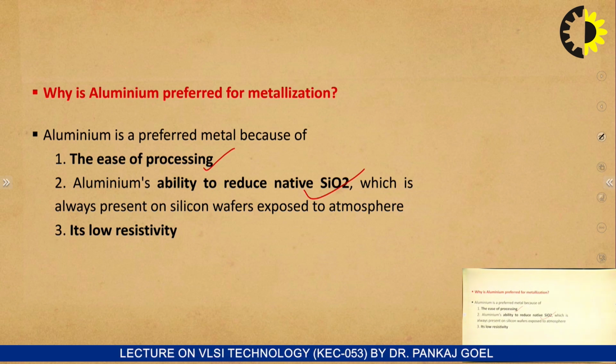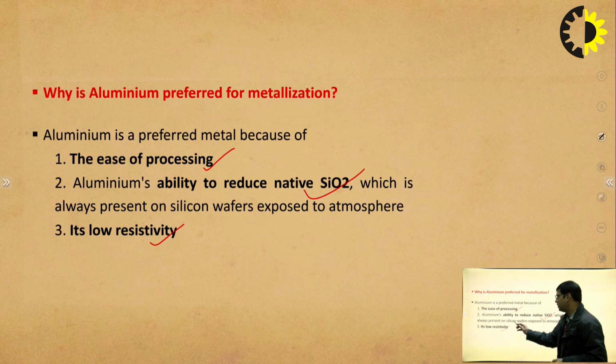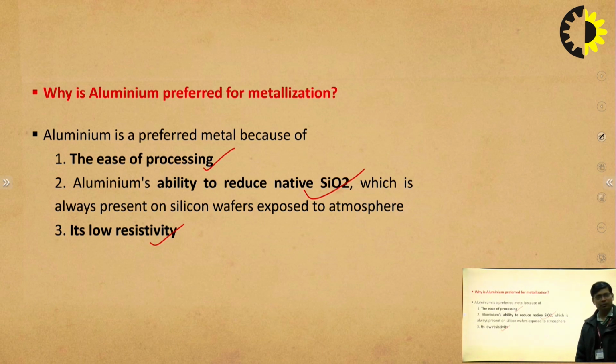This is a desired property, because we always have a dielectric layer on the wafer surface, and if aluminium has the ability to reduce it, it is a desirable property. Then it has a low resistivity, that is, it is highly conductive, which is a desirable property. So these are some of the desirable properties of aluminium, why it is preferred.